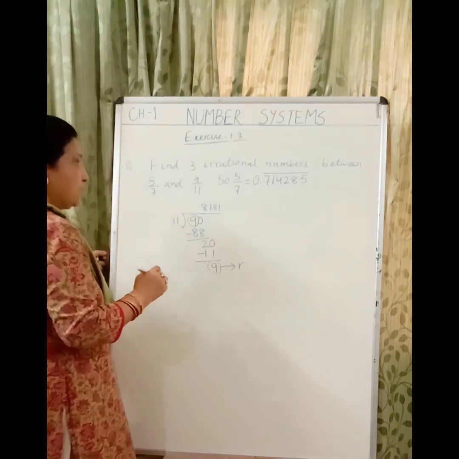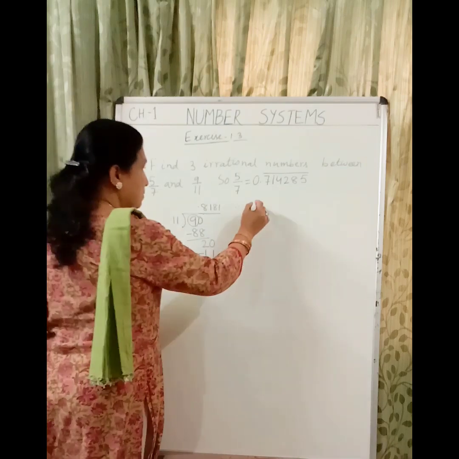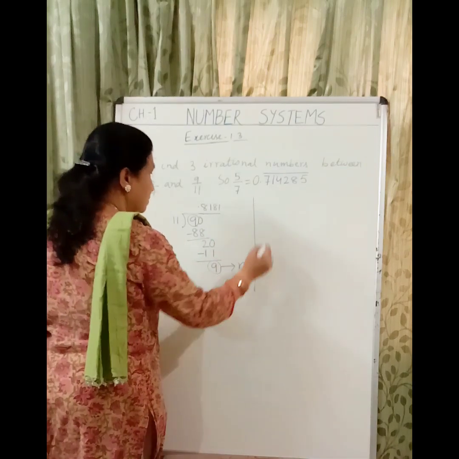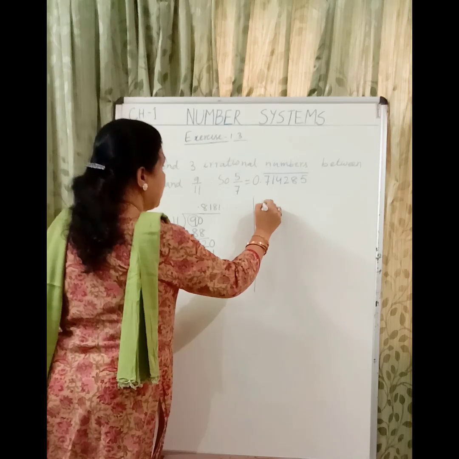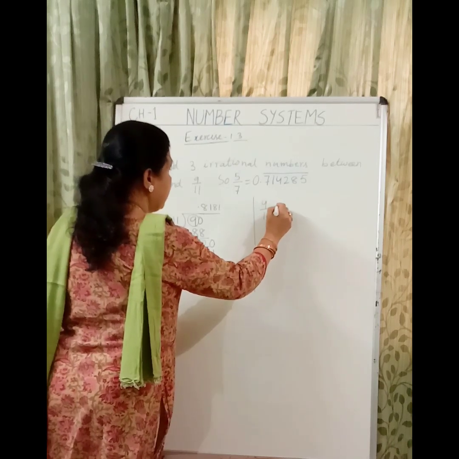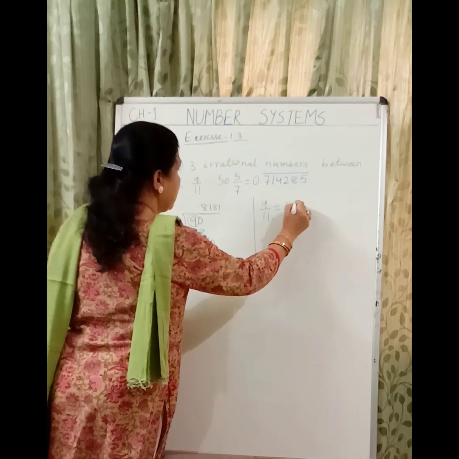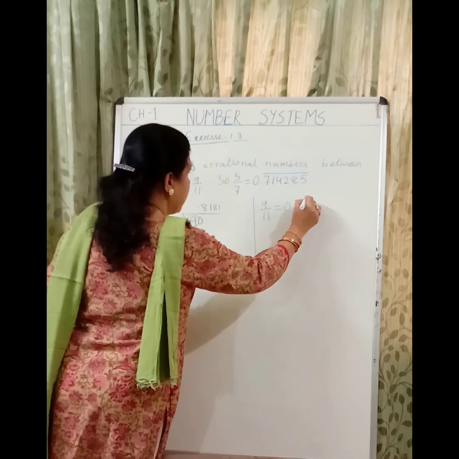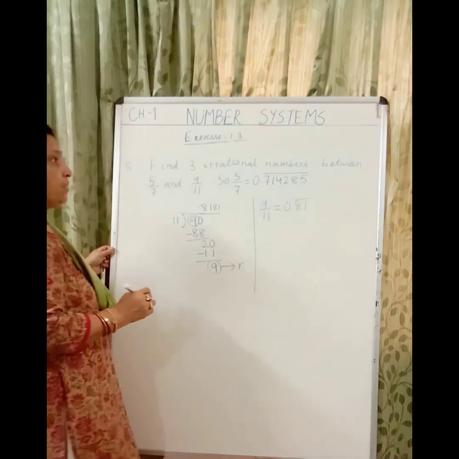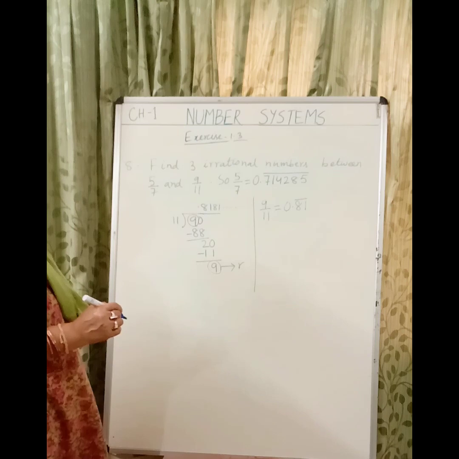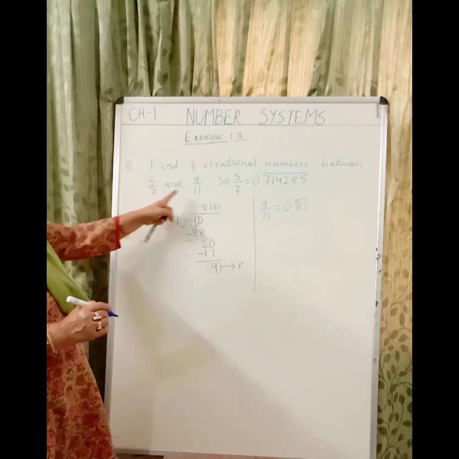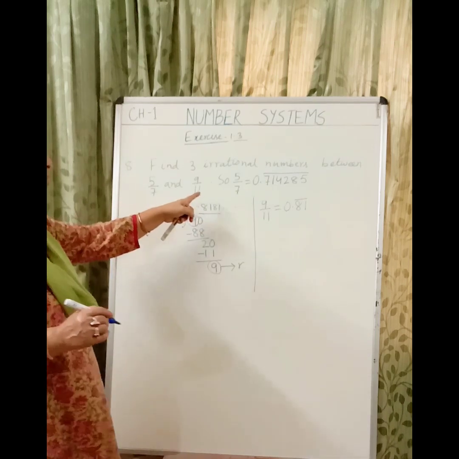So 9/11 we are getting 0.8181, so 81 bar.